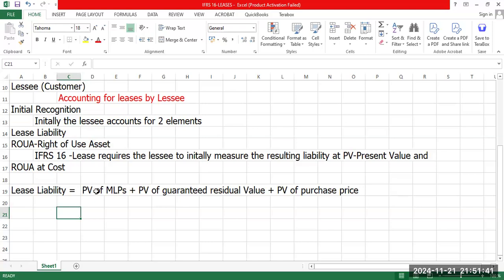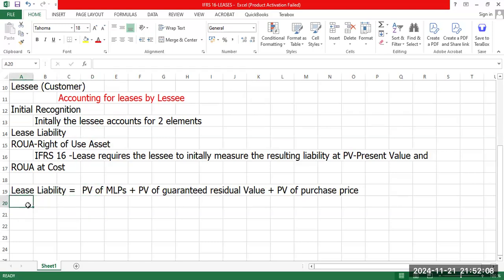Okay, and also the amount you're paying may be different. You may find that you are paying different amounts in each year as minimum lease payment. Sometimes you may find that you are paying the same amount every year, or every end of the year, or you are paying a different amount. So you also need to know that.